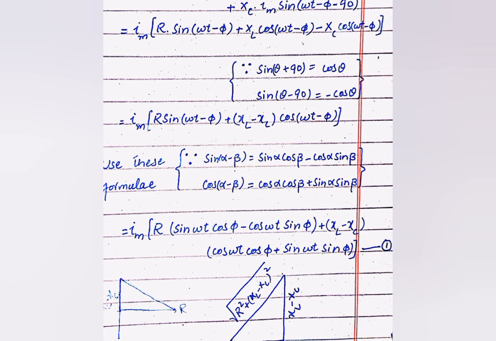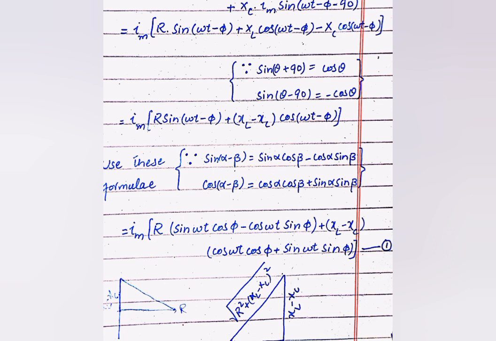Moving on, we take Im common from all the equation. When we take Im common, what is left behind is R sin(ωt − φ) plus XL cos(ωt − φ). Here sin(θ + 90) is equal to cos, that's why we put cos.